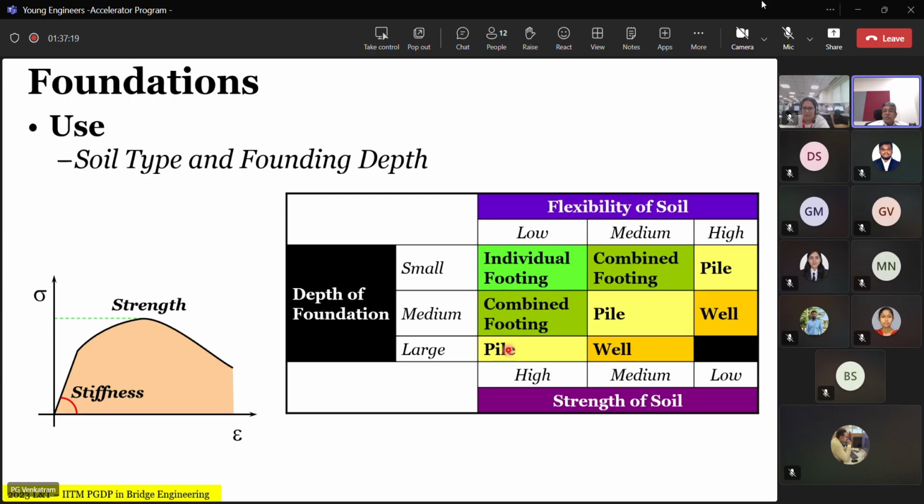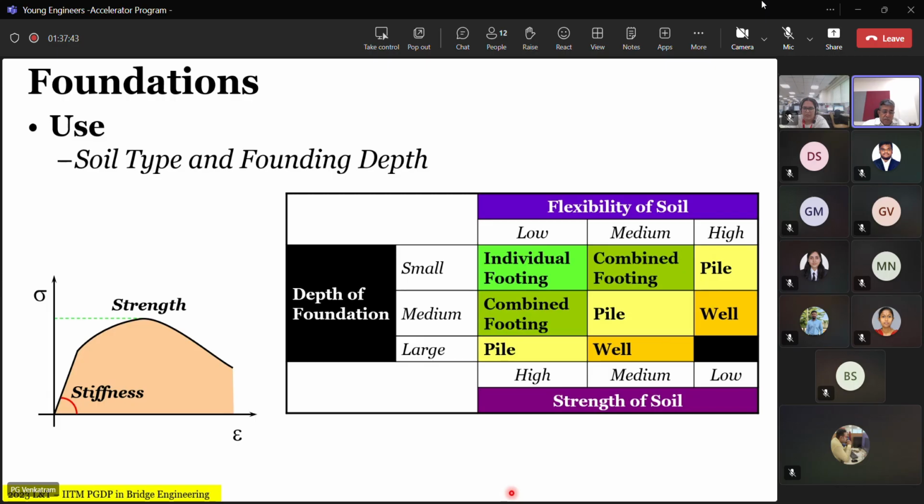And if we have a large depth of foundation in the same kind of strata with high strength and low flexibility, we end up using piles. Okay, so obviously for all this, the capacity will also vary. So this is a nutshell of the matrix in which you will end up seeing the utilization.